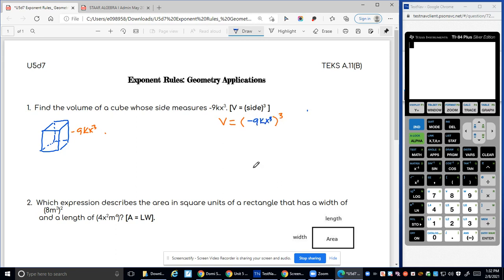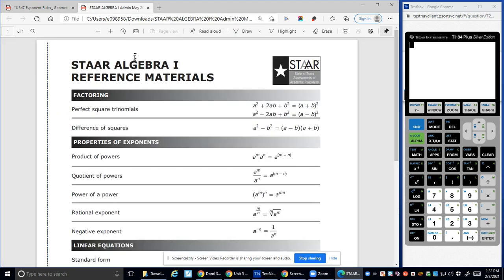Whenever I need to refresh my brain as far as what rule to use when, I just look at my little STAR sheet. This is going to be a really helpful tool. Let's keep in mind that we have two exponents right next to each other with a parenthesis in between, and this exponent does not have its own base. You will have access to this on your STAR exam, so I strongly recommend that we reference it.